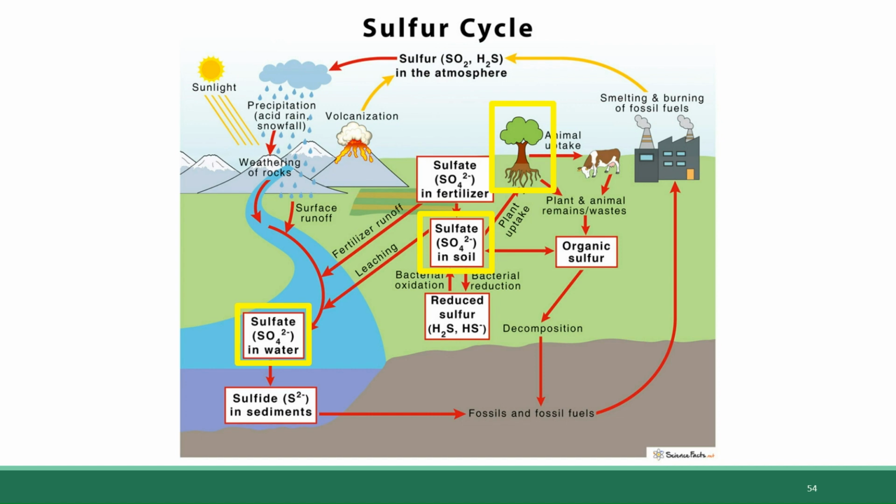There is also a separate subcycle wherein certain types of bacteria in the soil, called sulfate reducing bacteria, will use sulfate as an oxygen substitute when oxygen is not available, much like denitrifying bacteria will use nitrate as an oxygen substitute in the nitrogen cycle.